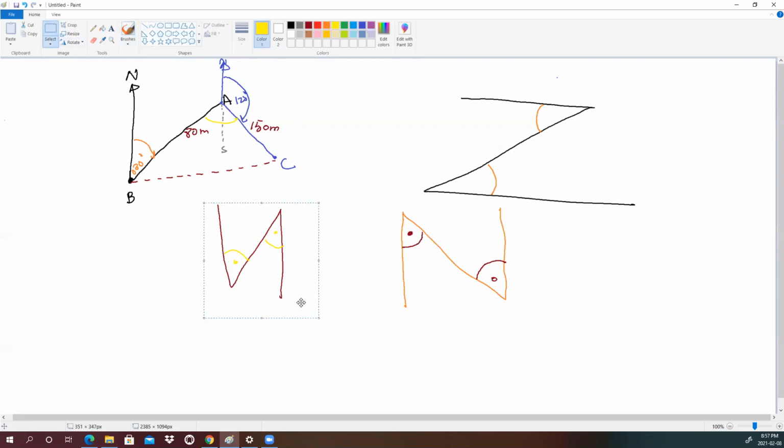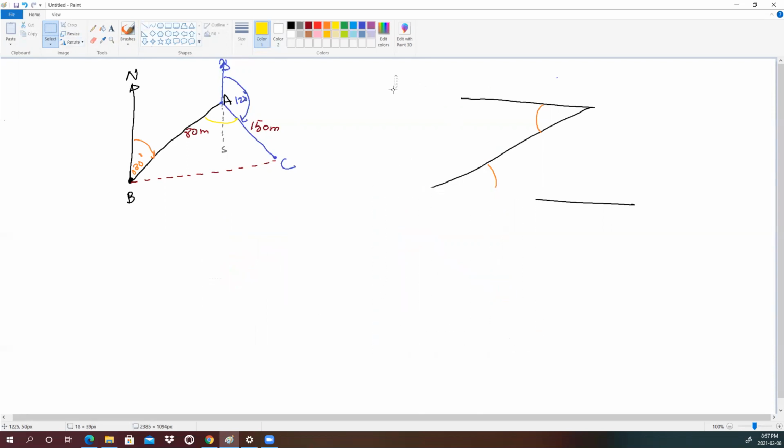That's how we're going to start, because we don't have any of the interior angles in the triangle. So that's what we're going to have to use to help us solve the question. Let us see if we can identify the Z in this. Remember this north that we had right here, the one in blue, from the point of reference A, I had carried it all the way down to show you that you can carry it all the way down to give you the south part of the compass as well.